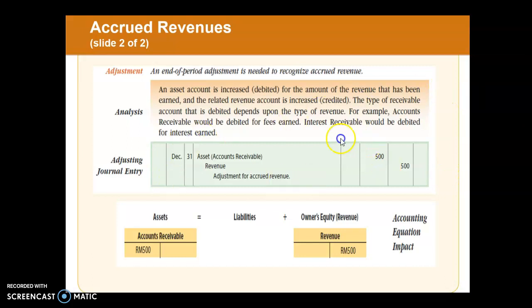These are the journal entries and these are the accounts. Accounts receivable, debit side 500, and you record revenue, credit 500.